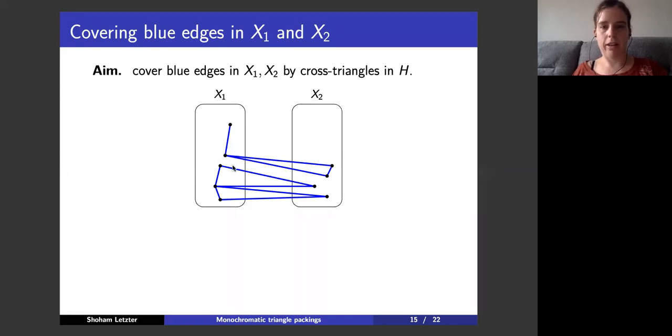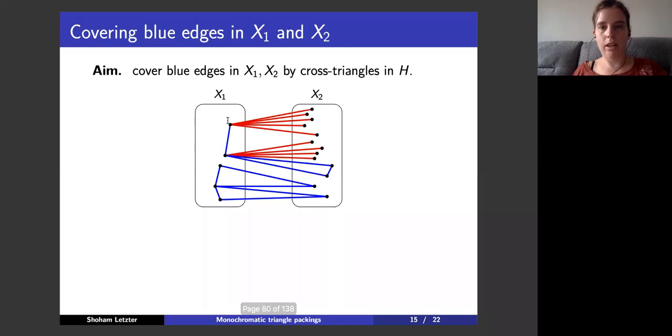Now, because we have only n/8 such edges, we will have some vertices that are kind of free for this guy. And these vertices cannot have two blue neighbors to this edge, because then we would get a bigger pattern here.